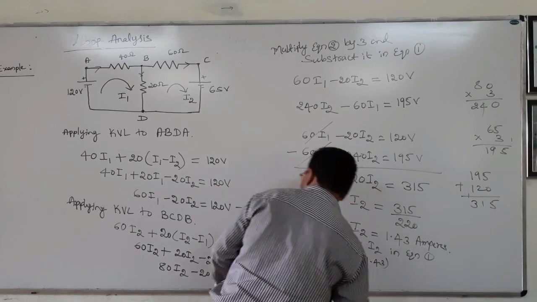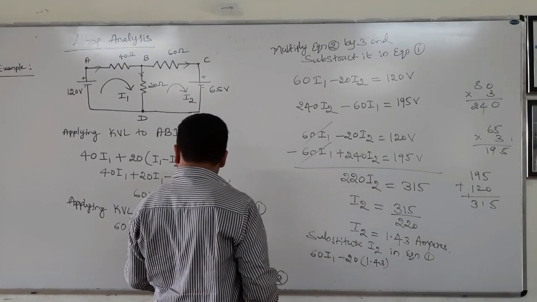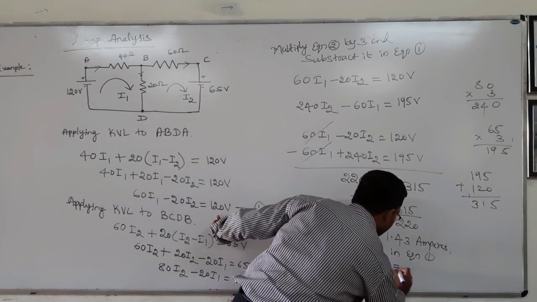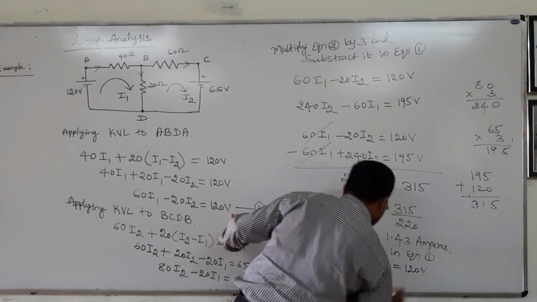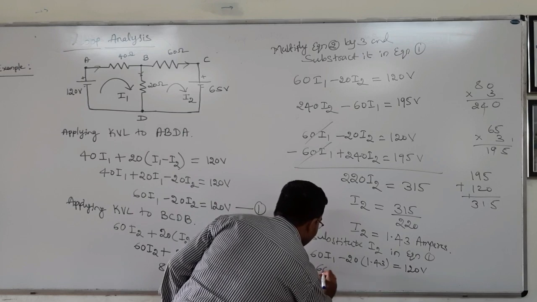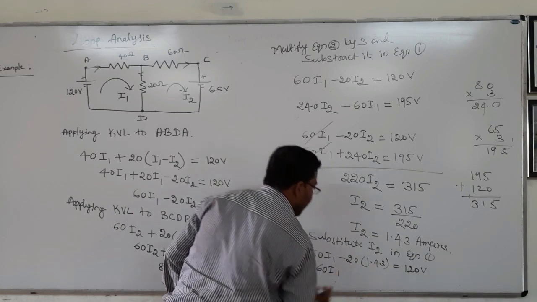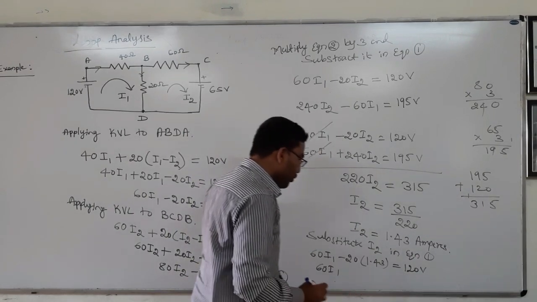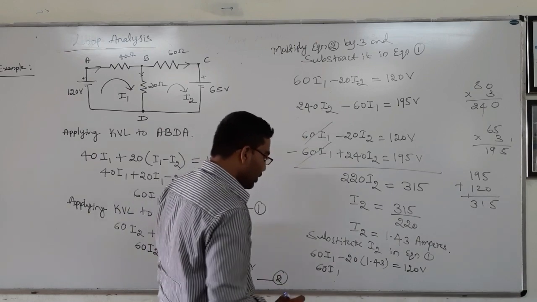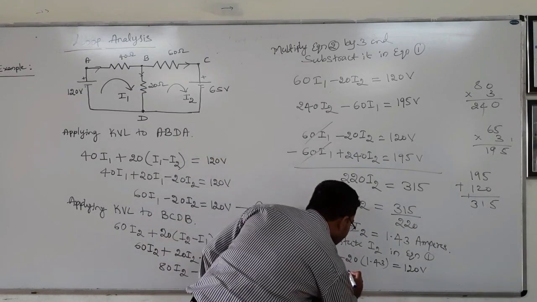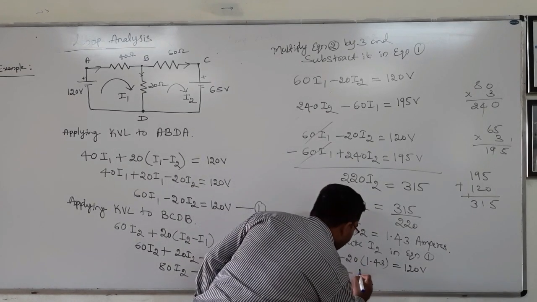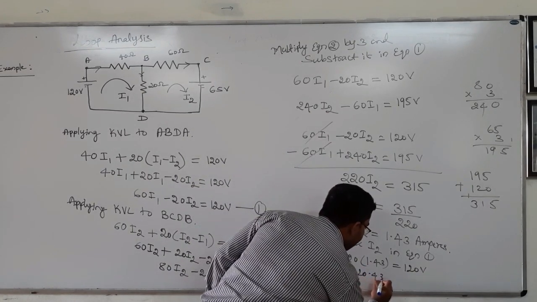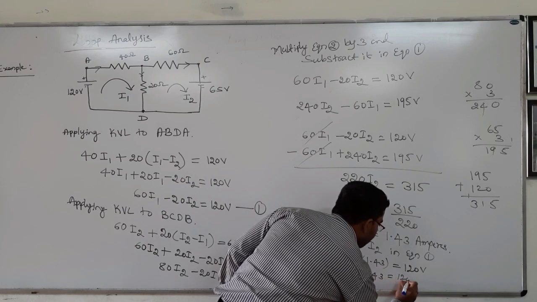Then afterwards equal to 120 volt. Then 60 I1 as it is, so multiplying 20 into 1.43, okay, so we'll get the value 20.43 equal to 120 volt.